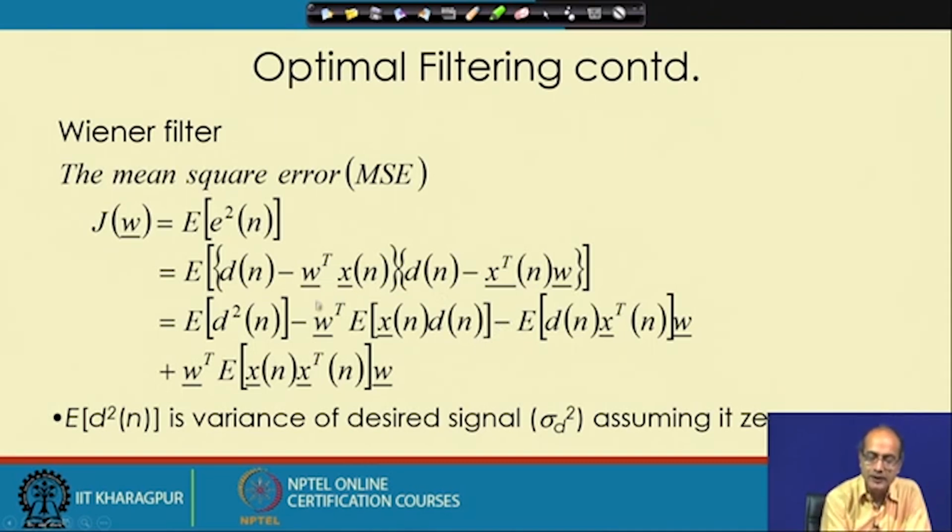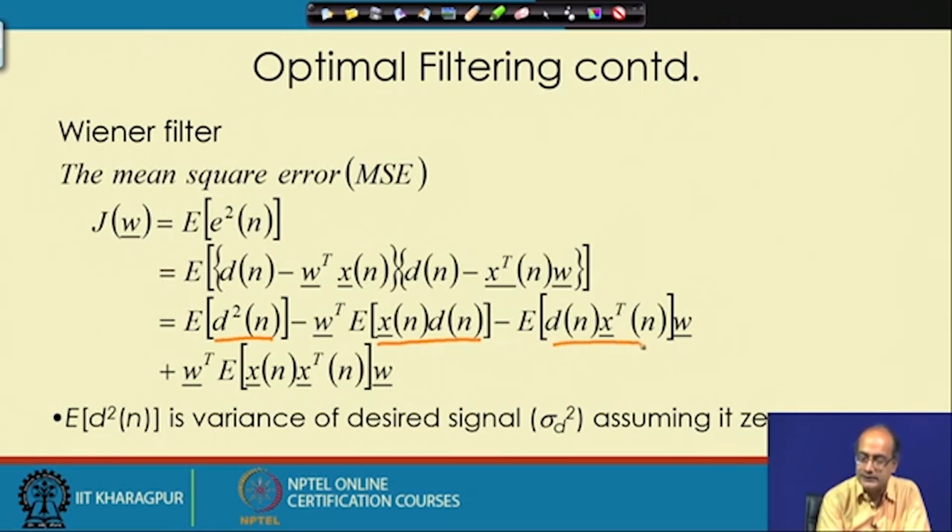When we multiply, we get a term with d n square, then two cross terms between the vector x n and d n, that is, the desired signal and the vector of observed signal.